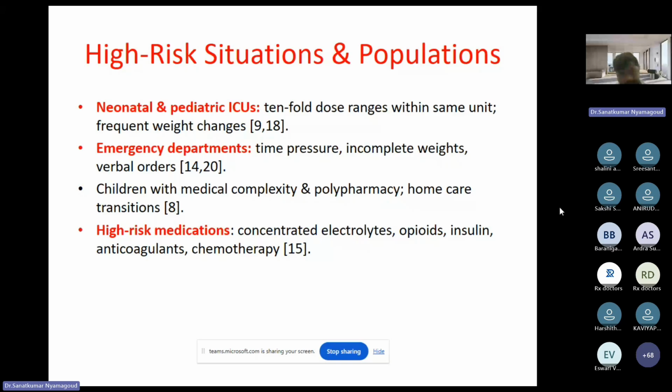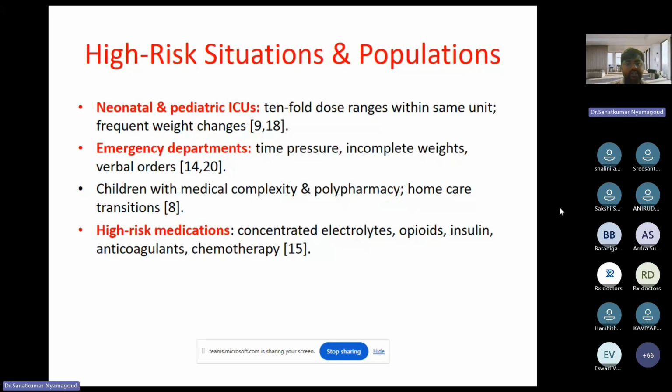Neonates and pediatric patients who are admitted to pediatric intensive care units are at high risk. They have tenfold dose ranges within the same unit, and they have frequent weight changes in day-to-day routine medical practice. So it is very, very important to check a patient's weight regularly so that the accurate dose is prescribed, dispensed and administered.